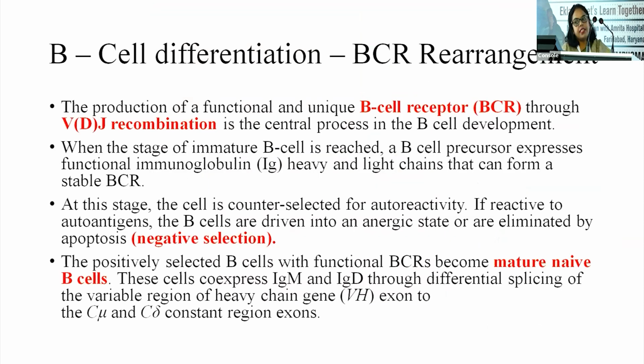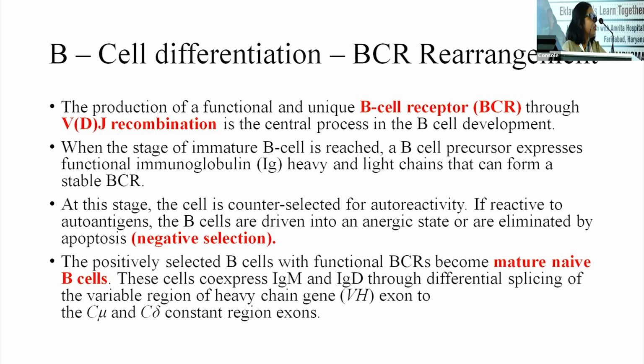Moving on to B cell differentiation. The very first key step in B cell development is the production of a functional B cell receptor through VDJ recombination. This is a very important process, and we need to understand that the B cell receptor is composed of immunoglobulins.